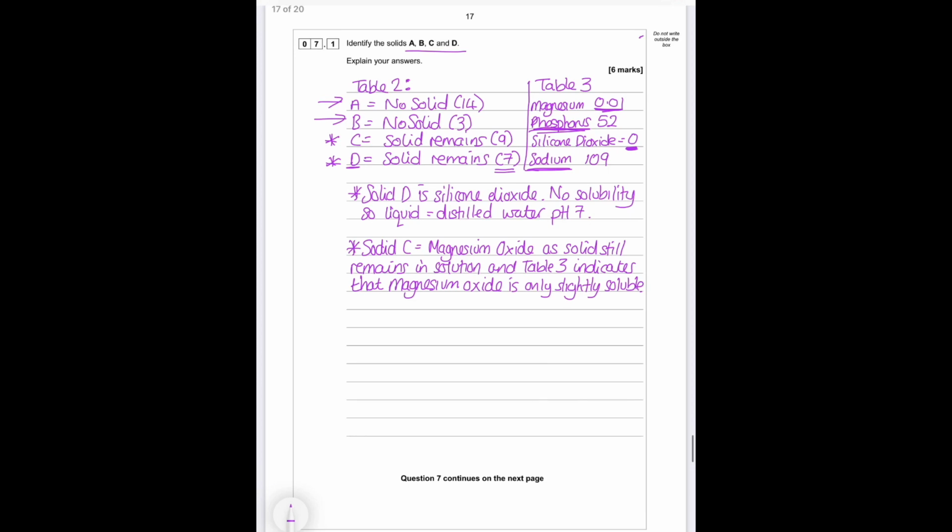And the pH for the alkaline substance is A, which means A must be sodium oxide, and therefore the phosphorus oxide would be our solid B, which also indicates that it's going to be phosphorus oxide because it is an acid.